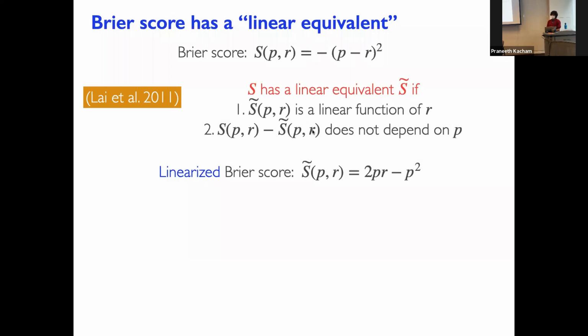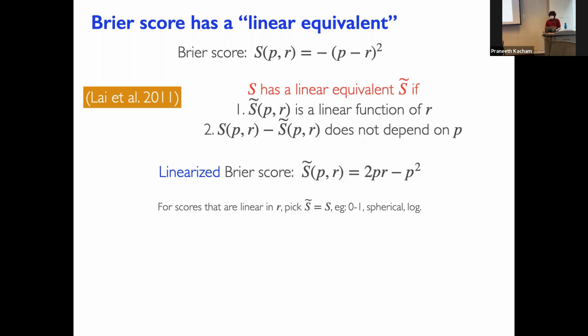It might look a little weird, but here is the linearized Brier score. S tilde plays the role of a linear equivalent to S, which means, as you can see, it is linear in R. And if you look at S minus S tilde, the P squared term cancels out, the PR term cancels out. Those are the properties you'll see here.